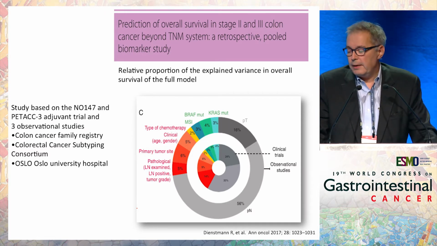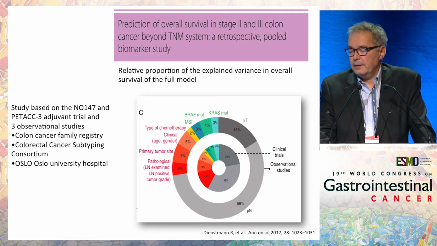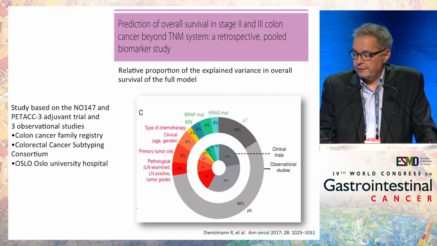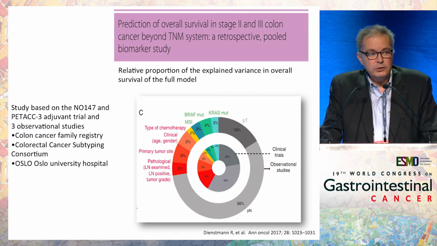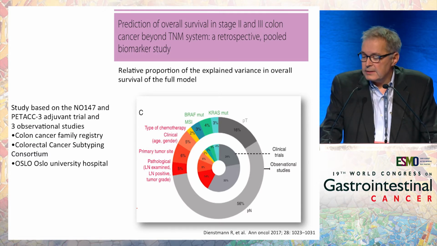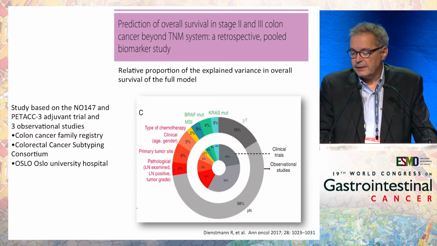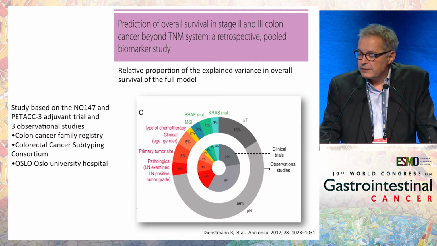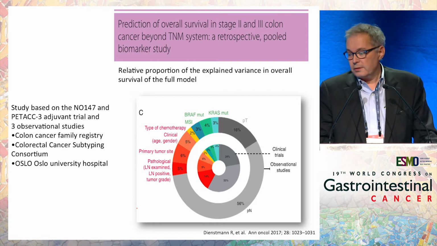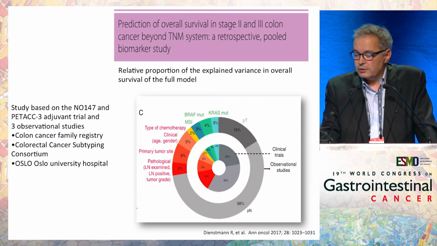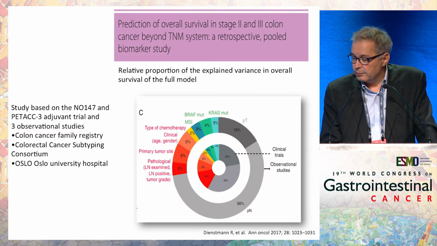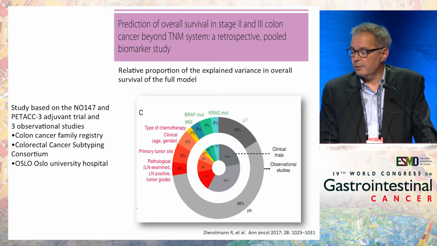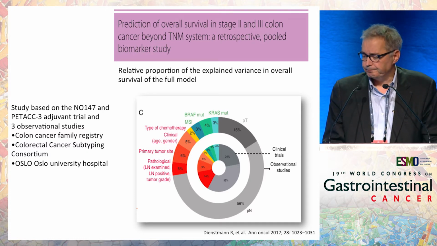If we try to measure the proportion of the variance explained by these markers as prognostic markers in terms of survival in multivariate analysis, you can see in this meta-analysis of different series that approximately 3% of the overall explained variance in terms of survival is due to the MSI phenotype, represented here in blue, 3% for observational studies and 3% for clinical trials.